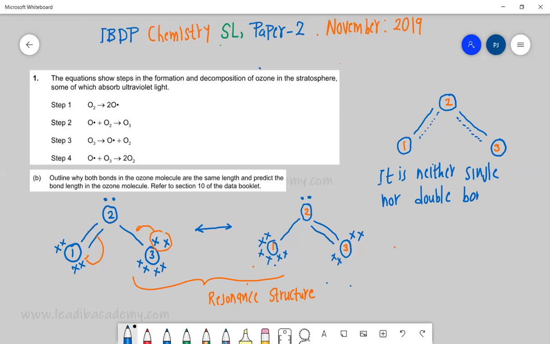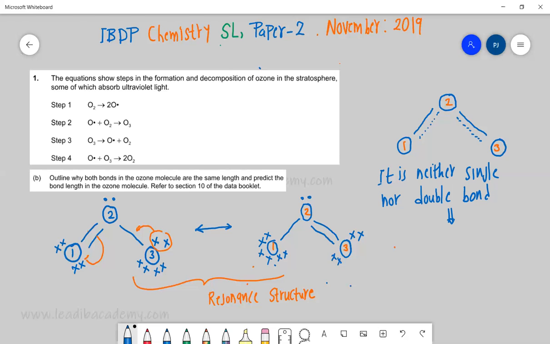It simply means that the bond has to be in between a single bond and a double bond. It should be very, very clear. The bond length has to be between a single bond and a double bond.